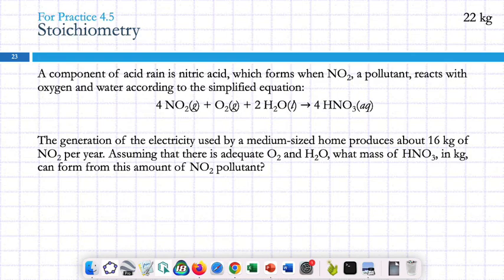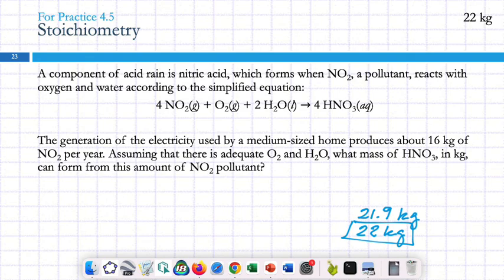The answer is 21.9 kilograms. No, it isn't. It's 22. Any questions?